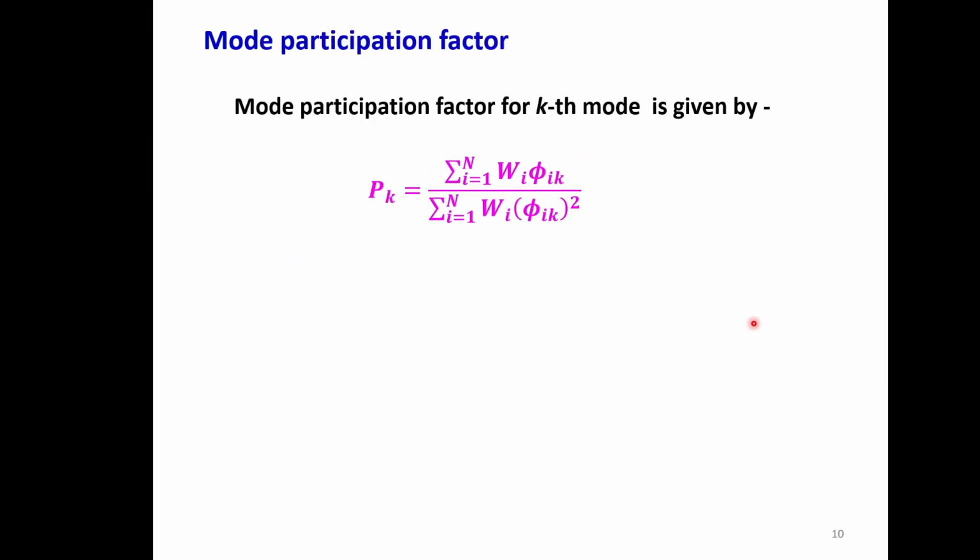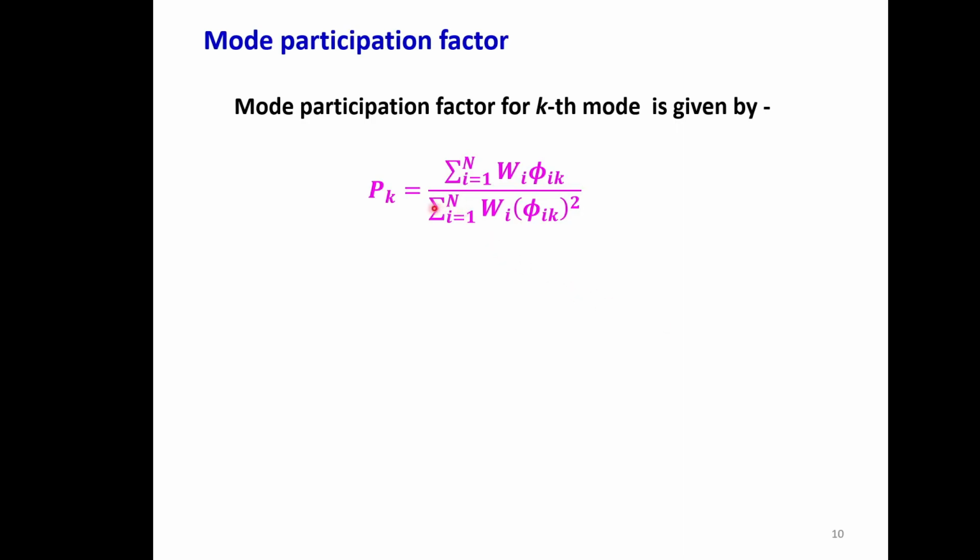Now there is another term, the participation factor. We have discussed the mode participation factor in the beginning. This is the amount of contribution of a particular mode to the total vibration of the system. Every mode will not be contributing the same amount of, say, energy in the total vibration, and the contribution of each mode is quantified by this modal participation factor.